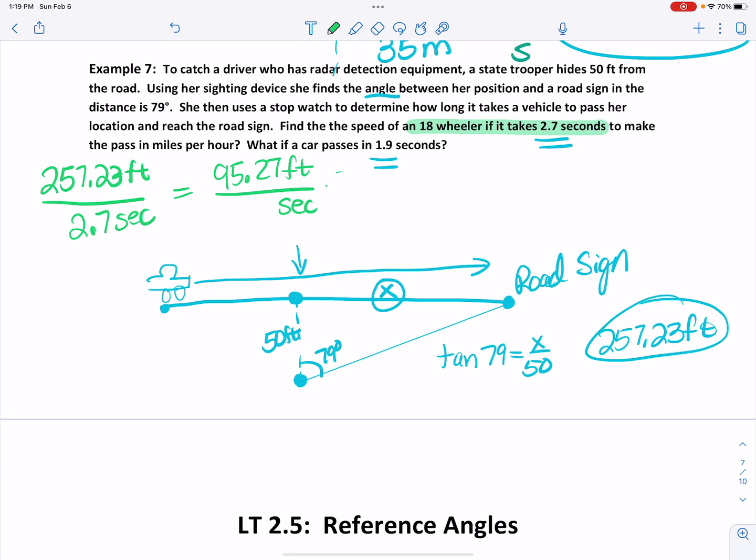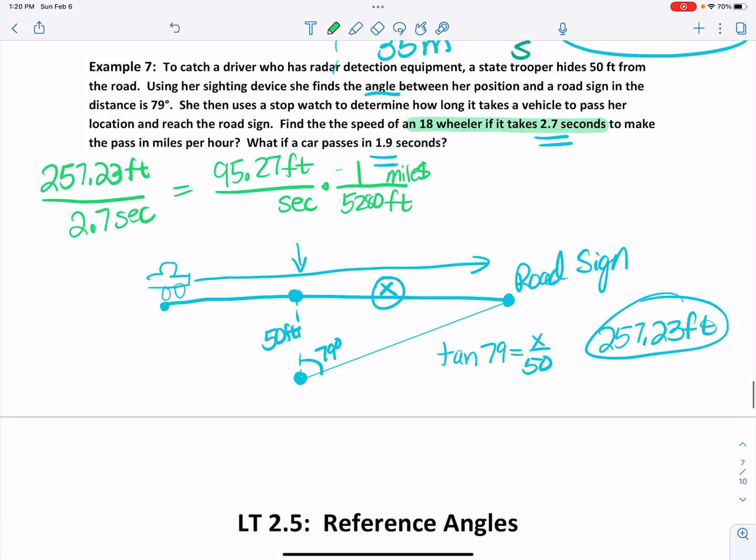So in this class, you're going to have to do some conversion. So in a foot, I want to convert it to miles. In 1 mile, there are 5,280 feet. No, you don't have to memorize that. If somebody shouted out on a test how many feet are in a mile, I would tell you. But this cancels it. And then how many seconds are in an hour? 1 hour is 3,600 seconds, because then those seconds cancel.